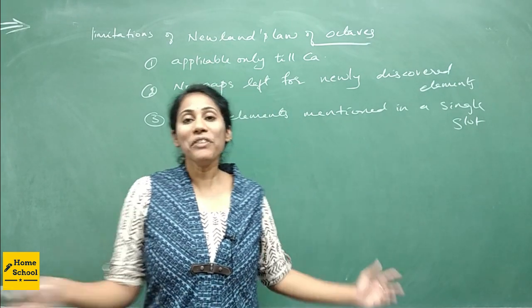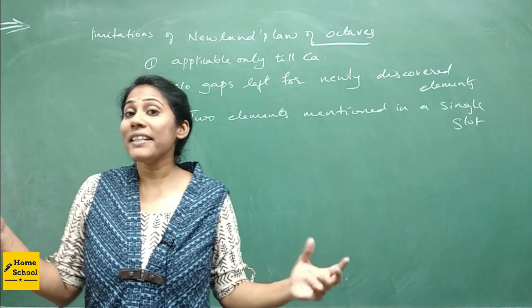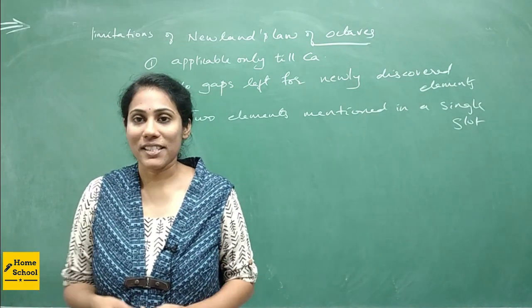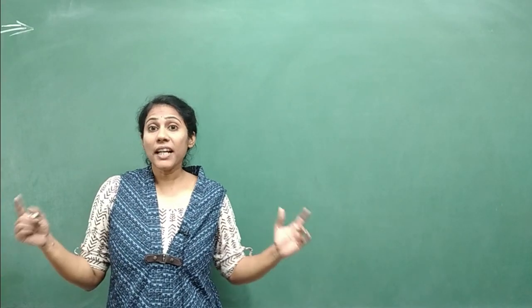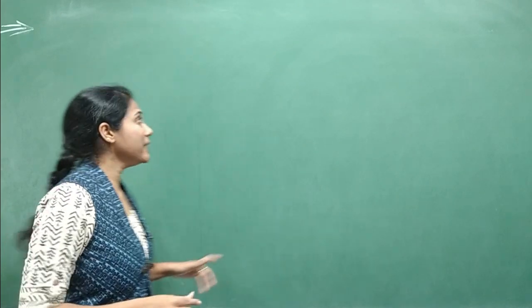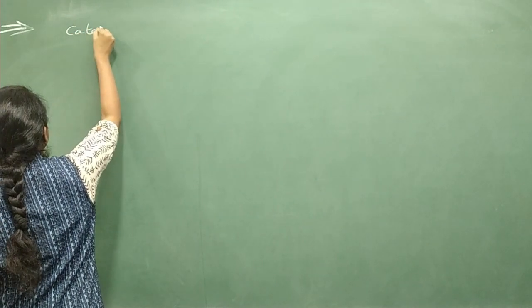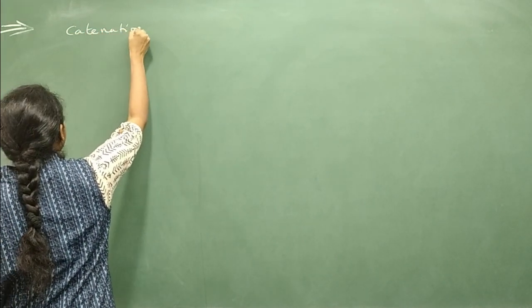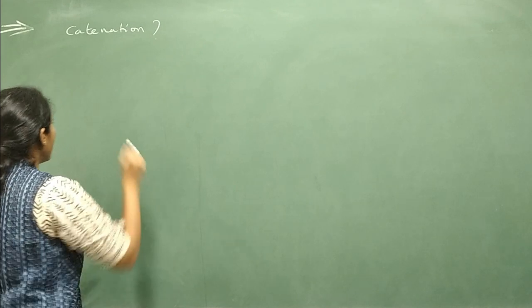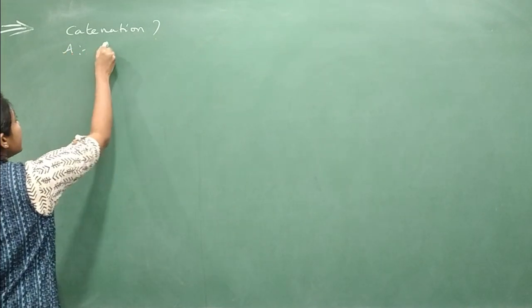Fine. Now we will go for carbon and its compounds, important questions. The first important question from carbon and its compounds is a very simple definition. They will ask you, what is catenation? So what is your answer here?